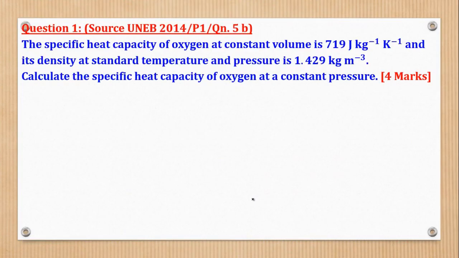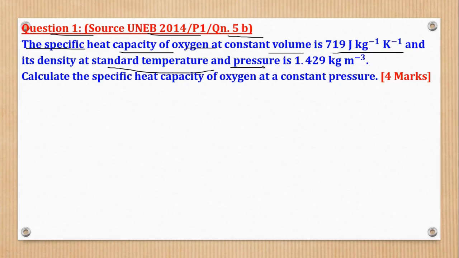So with those formulas, we shall go through these questions. Question 1 came from UACE 2014, paper 1, question 5b, and says the specific heat capacity of oxygen at constant volume is this, and its density at standard temperature and pressure.